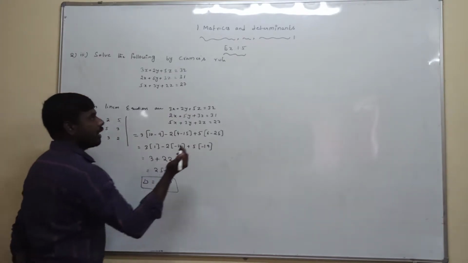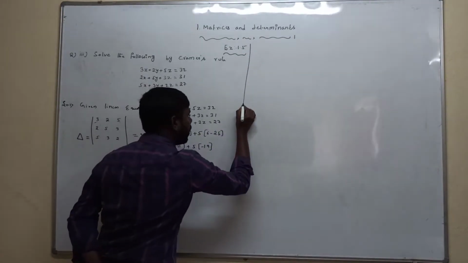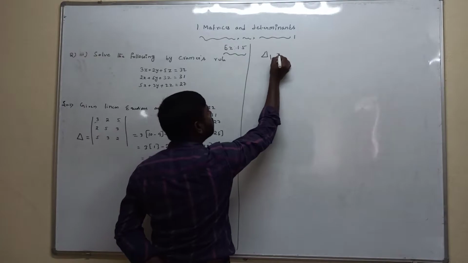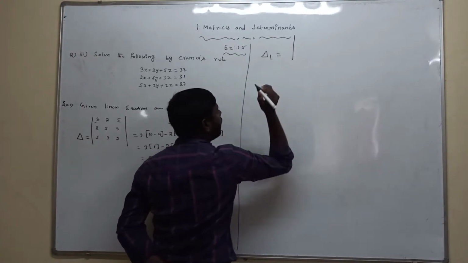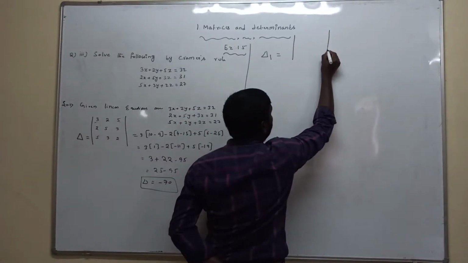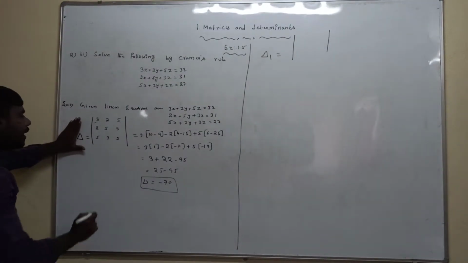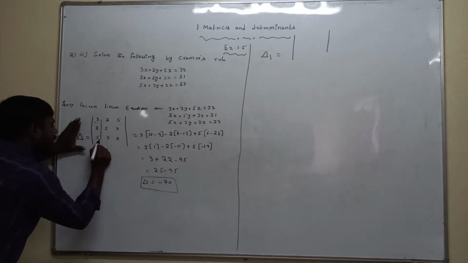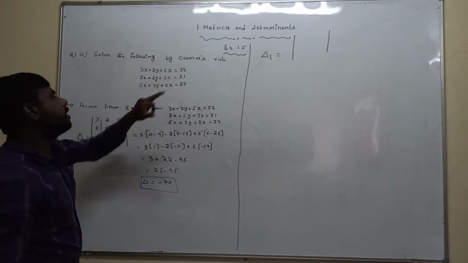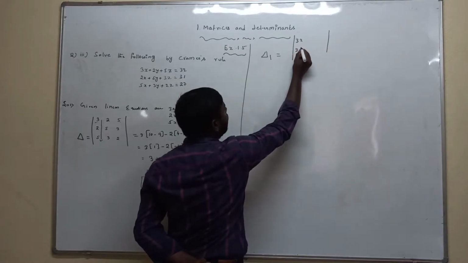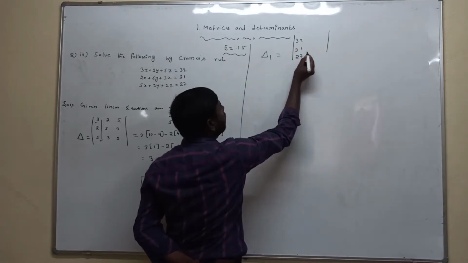Next we have to calculate delta 1. So delta 1 means the determinant obtained by replacing the first column by the constant elements 32, 31, 27.